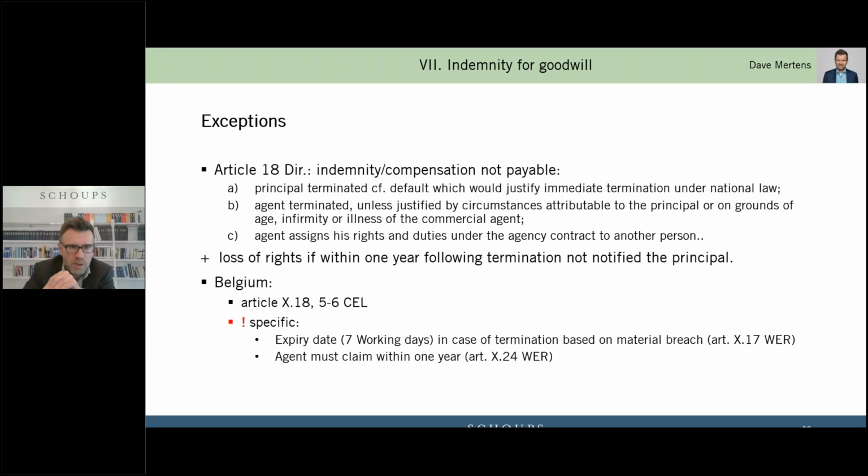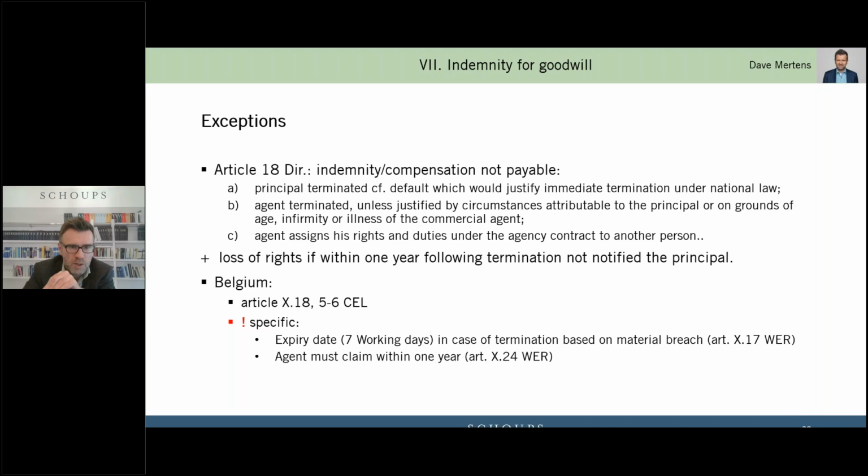Also, and that's also very important and a killer sometimes, if you want to terminate because of material breach, you have to do so within 7 days after you know about the material breach and established that this breach is indeed material. The case law is a bit flexible on that, but it's 7 work days as soon as you know about the material breach and have established there's no doubt that this material breach is a fact.